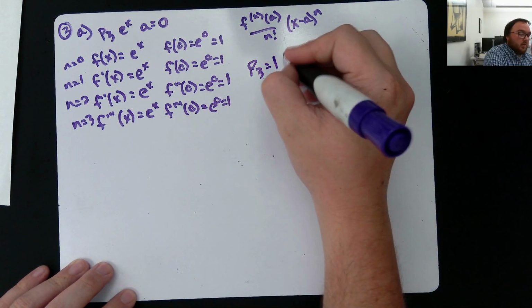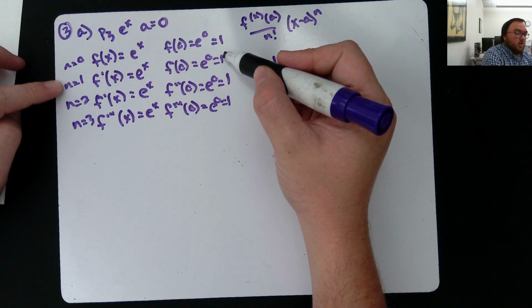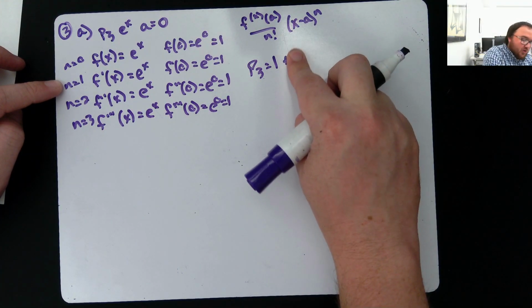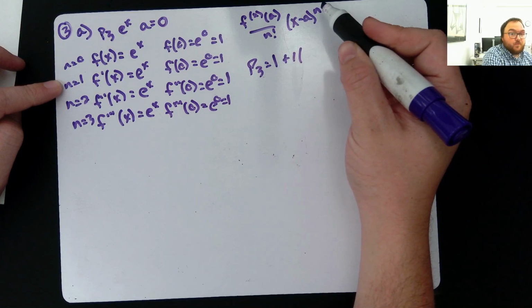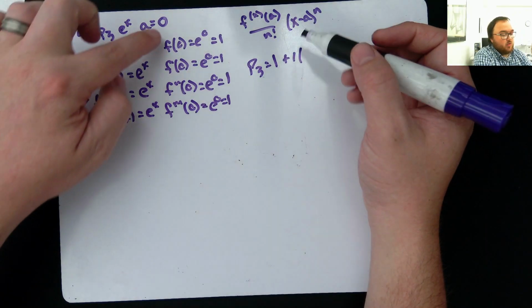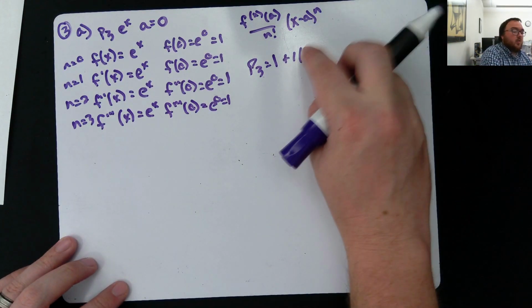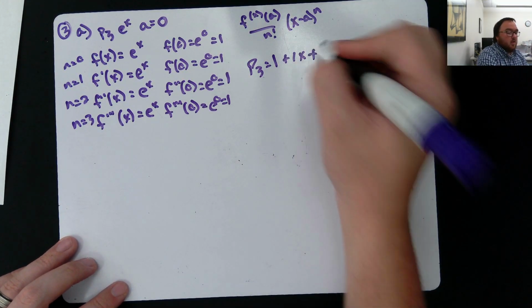So 1 plus, for n is equal to 1, it's going to be 1 over 1, which is just 1. So just do 1 times x minus 0 to the first, right? Because that's what I'm going to plug in there for a. X minus 0 to the first is just 1x. So this whole thing just becomes 1x.